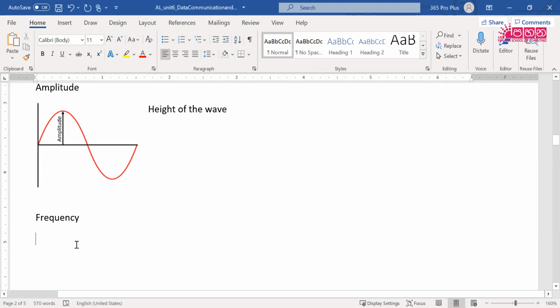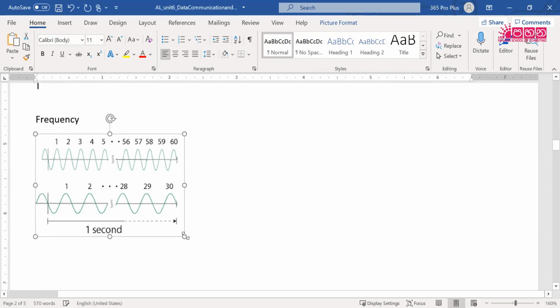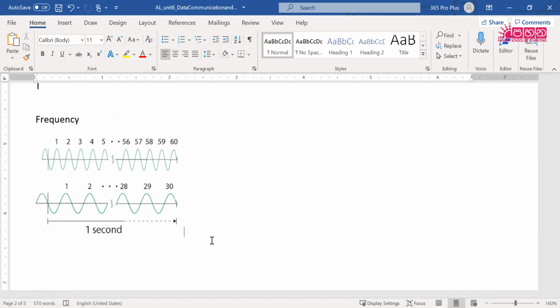So frequency means the number of waveforms that can be used per given time, right? Number of waves. Now let's say this is a sine wave. So this is 1, this is 2, and so on. Let's say we have 1 second.